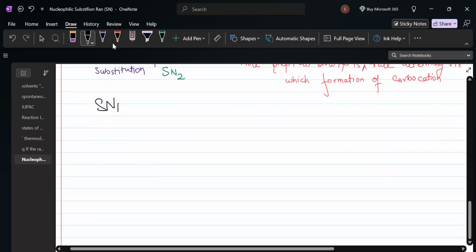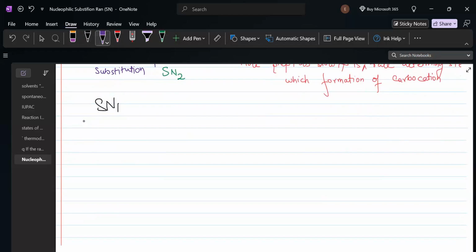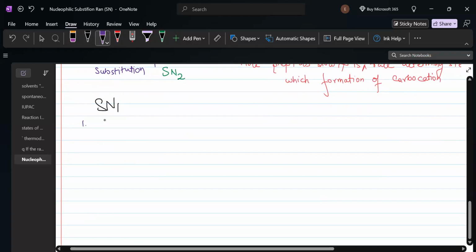Okay, so let's write some important points here. Refers to unimolecular.